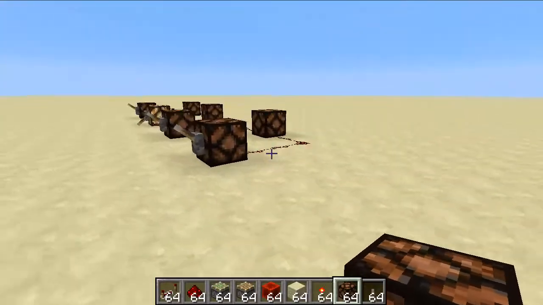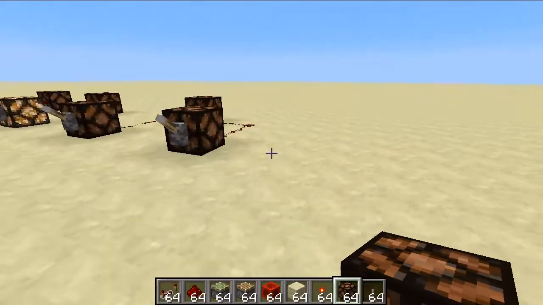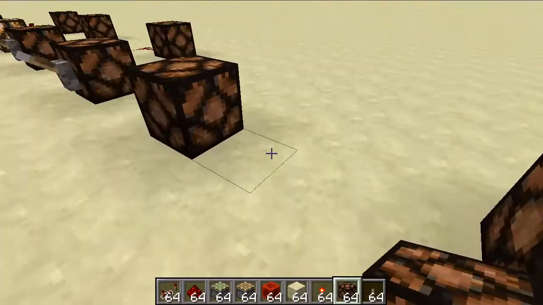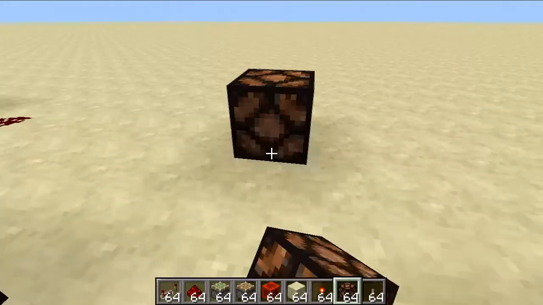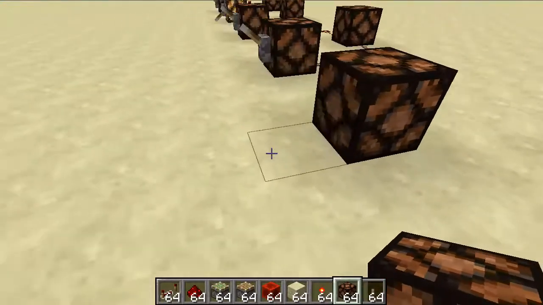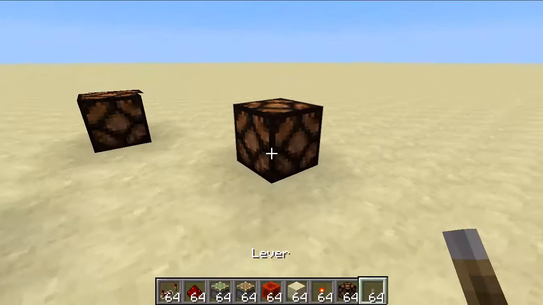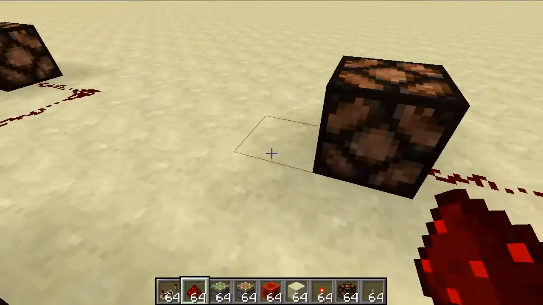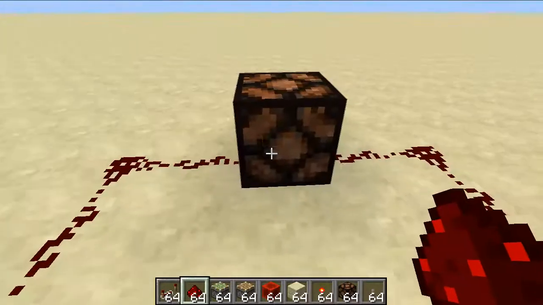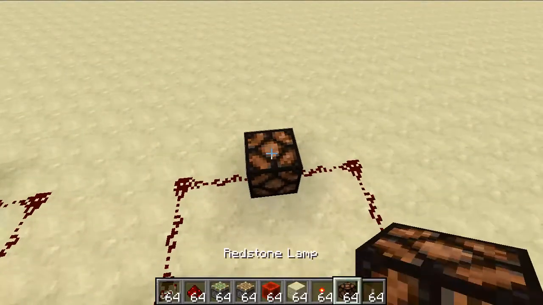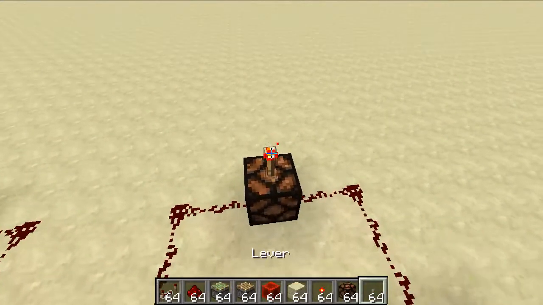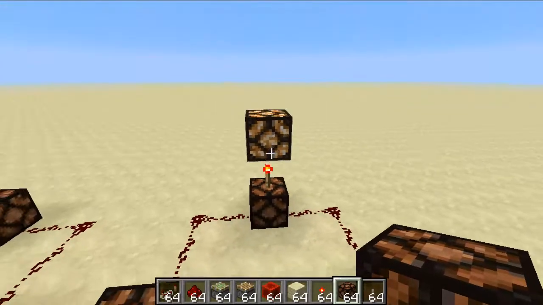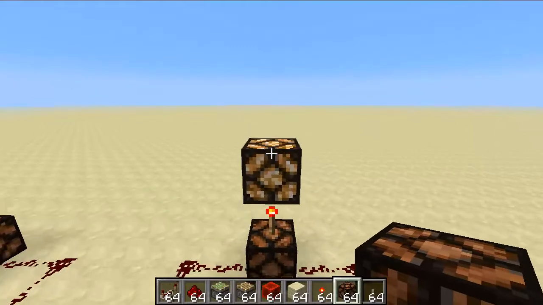Now if we combine the OR gate with the NOT gate, we get what is referred to as the NOR gate. So I will set up the same two inputs, and I will connect them back to this block in the same way, building our OR gate, but then put a redstone torch on top of this to give ourselves the final output.